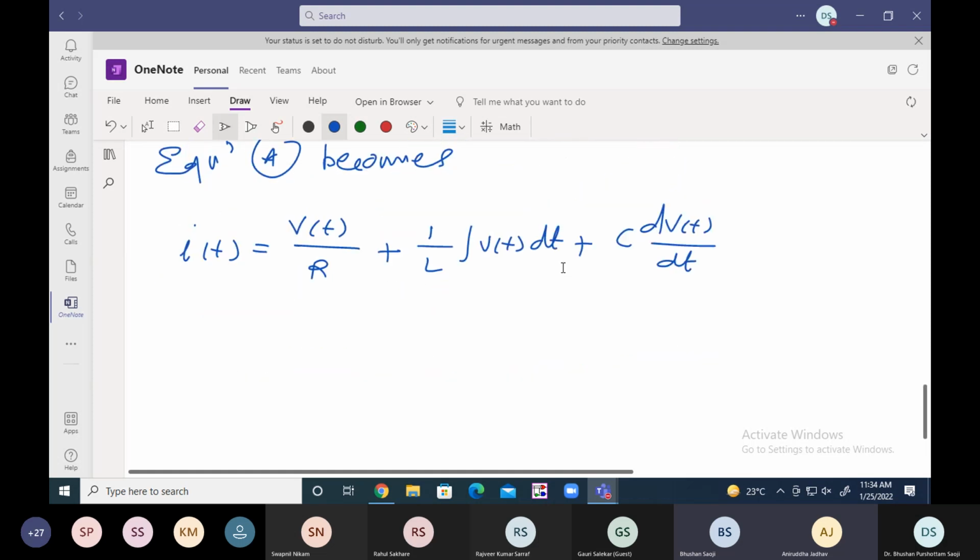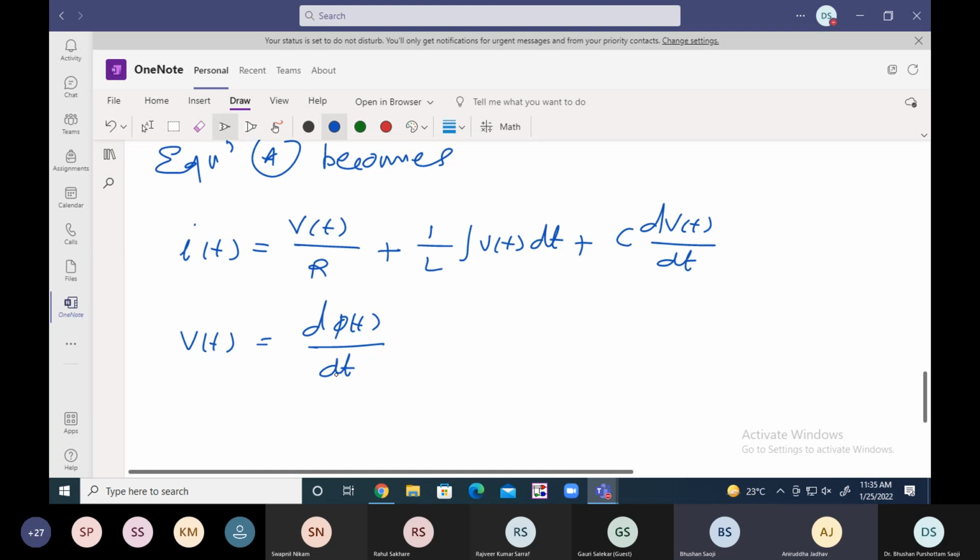V of t, this V of t is the voltage. V of t equals d phi t by dt, the rate of change of flux, that is nothing but the voltage.